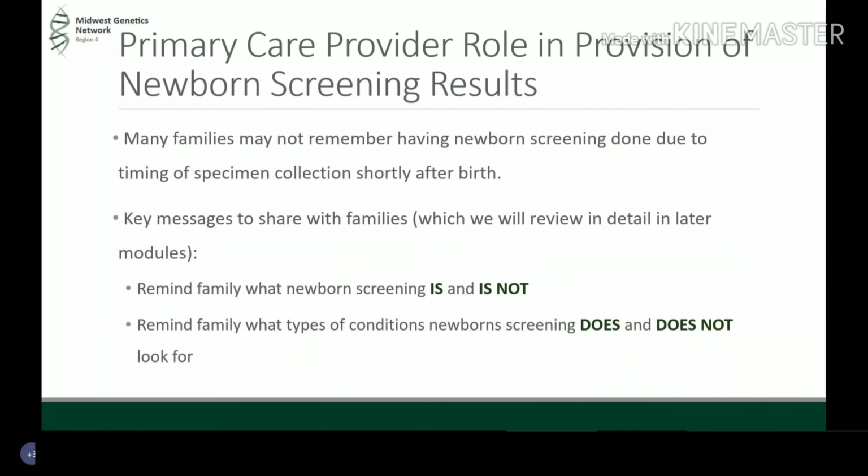In other words, a screen is to identify whether the child is at risk for a defined list of treatable conditions, as well as what screening is not. In other words, it is not drug testing, it is not paternity testing. It's also really helpful to note that newborn screening only provides a risk assessment, so not a definitive diagnosis, and really does not look for all possible disorders a child might have. Next slide.